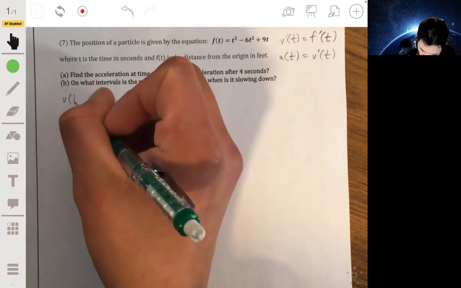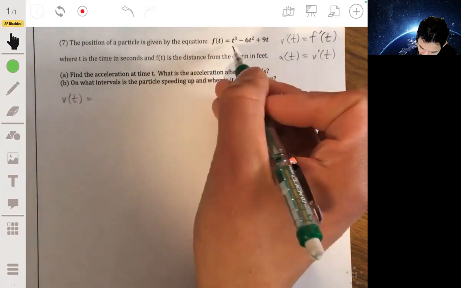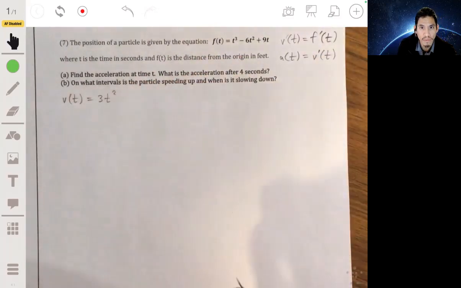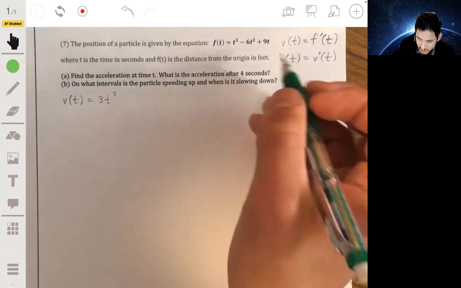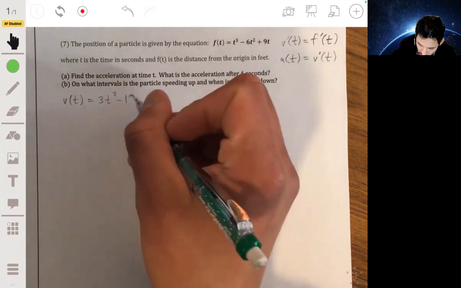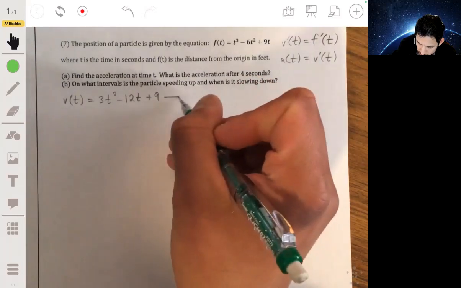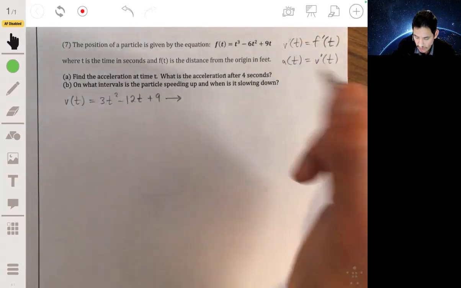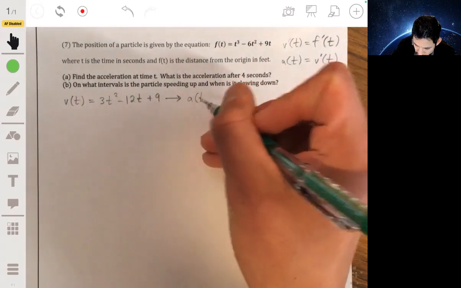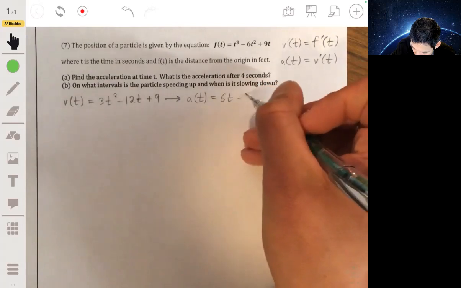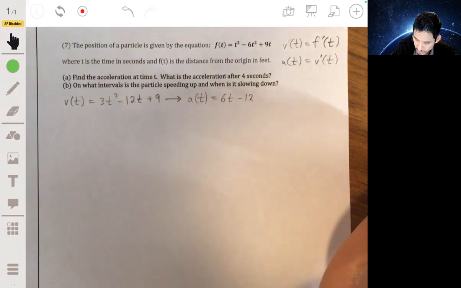V of t will be the derivative of this, which will be 3t squared minus 12t plus 9. Then a of t will be the derivative of this, which will be 6t minus 12.